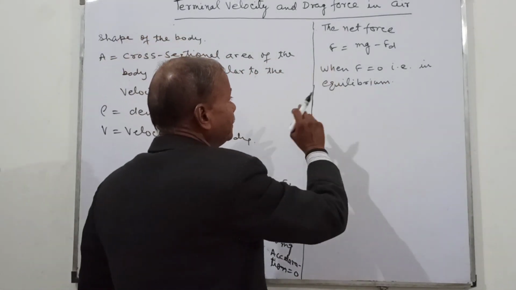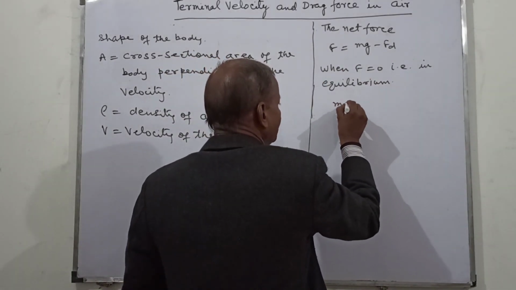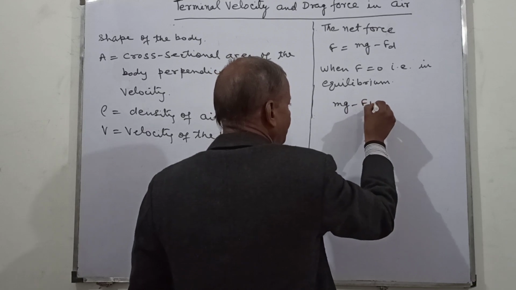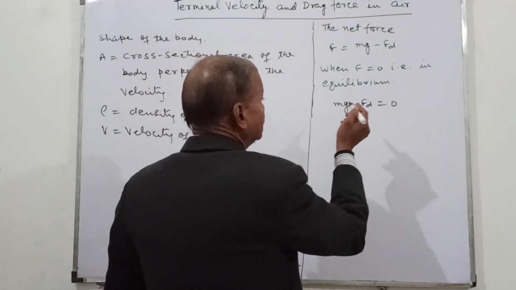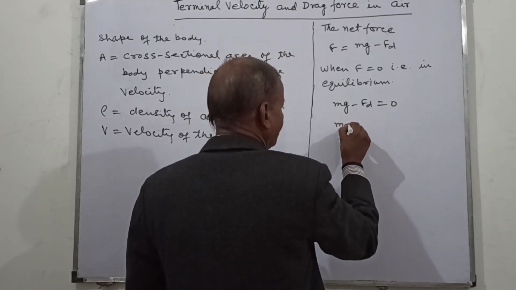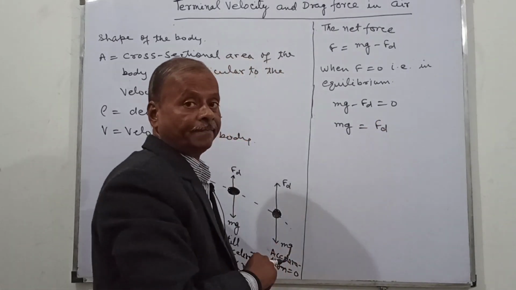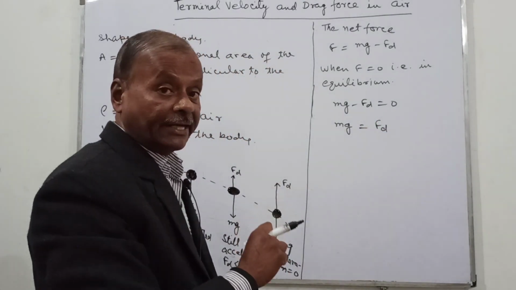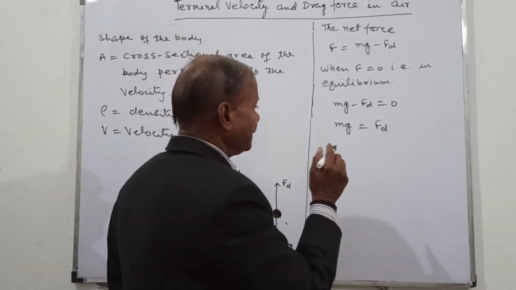So now we have mg minus FD equal to 0. So in this stage mg is equal to FD, and the velocity will be equal to the terminal velocity.